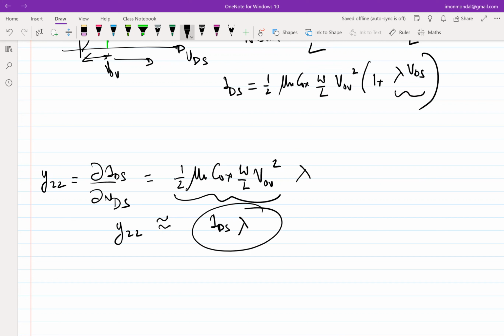It's proportional to the quiescent current flowing through it, assuming that quiescent current is independent of VDS. To find y22, you find the quiescent current assuming there is no effect of lambda VDS, and then multiply it with lambda, and whatever you get is equal to your y22.